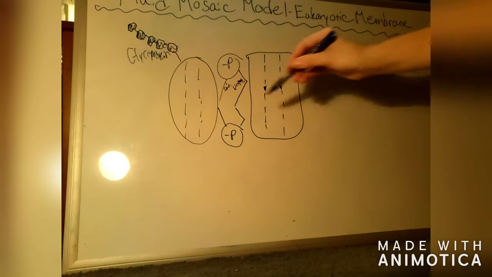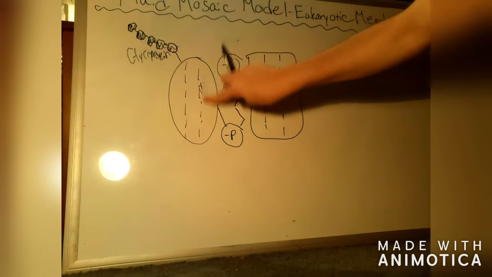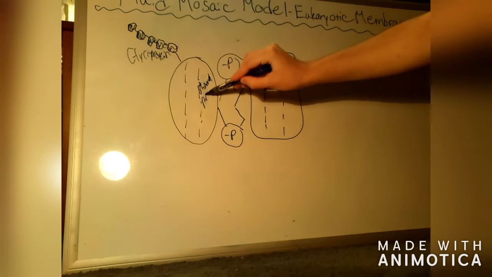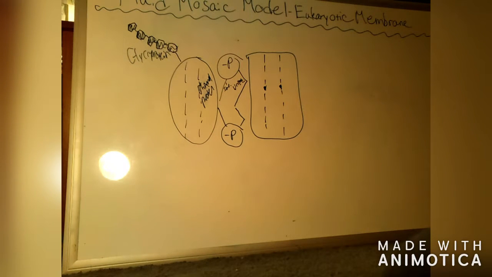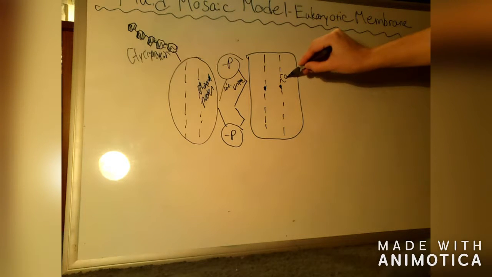I have to be labeling, so we're going to label this one, as we said earlier, the channel. And then we have the negative P, which represents phosphate. And then this is our carrier protein.